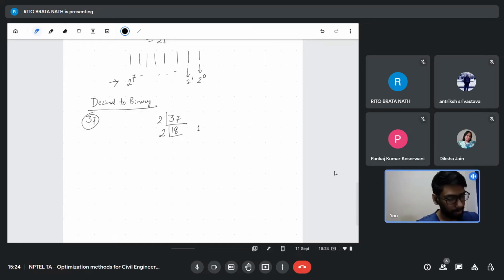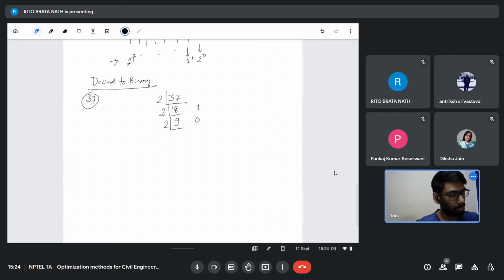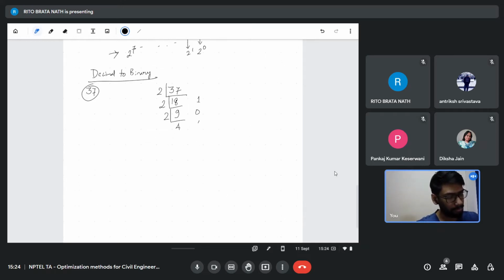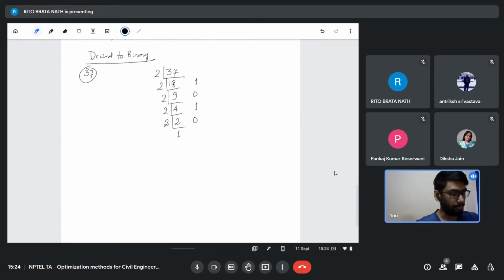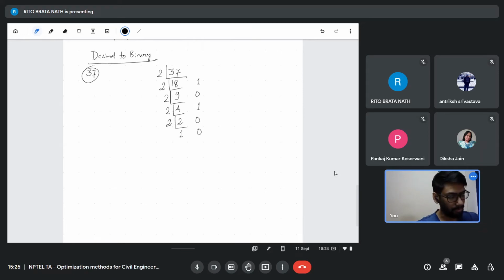Then you divide it by 2, you get 9, remainder 0, divided by 2, then you get 4 and remainder 1, then you divide it by 2, you get 2 and remainder 0, and you divide it by 2 again, you get 1 and remainder 0. And finally, this 1 will also be there.